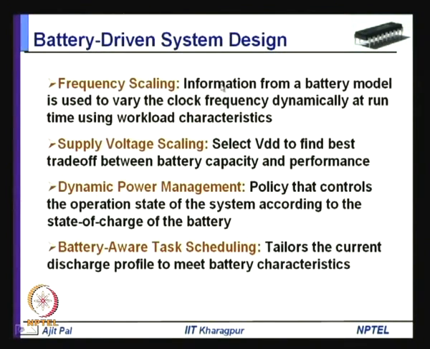So, to take care of the workload, and based on that you can get longer life of the battery. Then you can do supply voltage scaling, as I have already discussed. Select V_DD to find the best trade off between the battery capacity and performance.